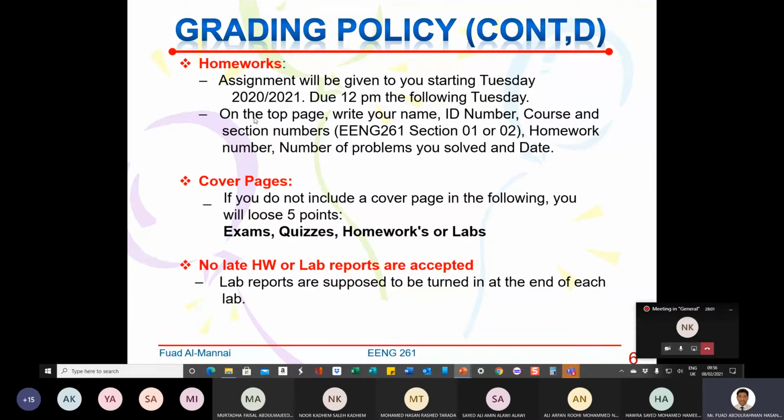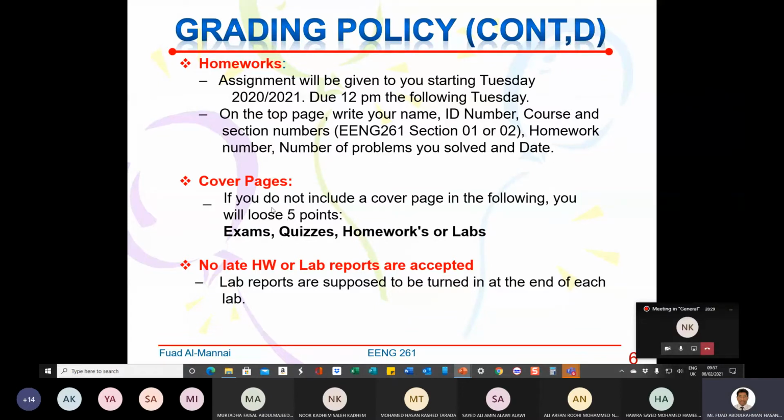The homework must come with a cover page on top. Write your name, your ID number, course and section, homework number, problems you solved, and date. The cover pages for the exams, quizzes, homework, or labs have to be included.